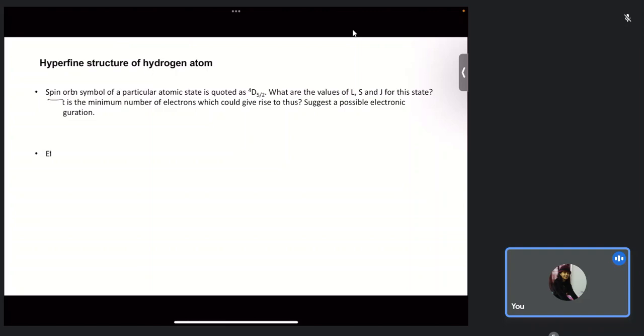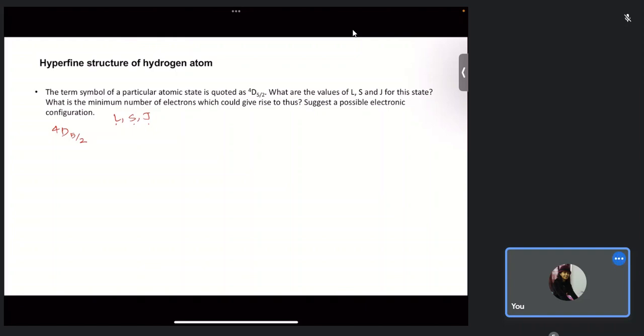The term symbol for a particular atomic state is 4D 5 by 2. We have been asked what the values of L, S and J are, where L is the orbital angular momentum, S is the spin angular momentum, and J is the total angular momentum.